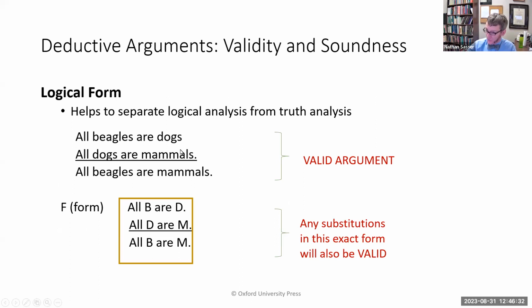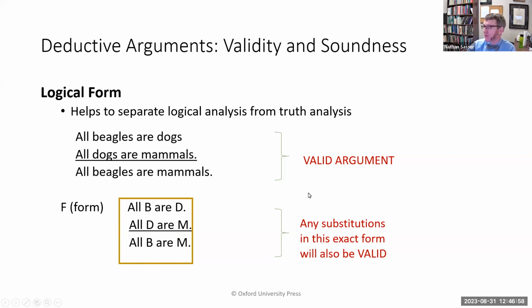All beagles are dogs, all dogs are mammals, and therefore all beagles are mammals. Let's plug in B for beagles, D for dogs, and M for mammals. The bare skeleton, the argument form, the logical structure of this argument is all B are D, all D are M, therefore all B are M.